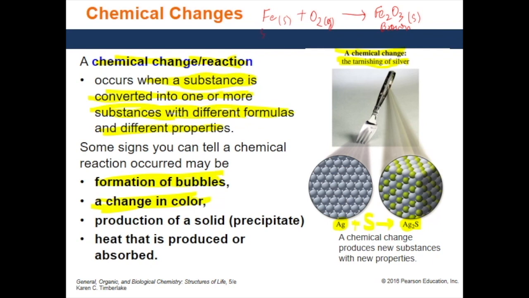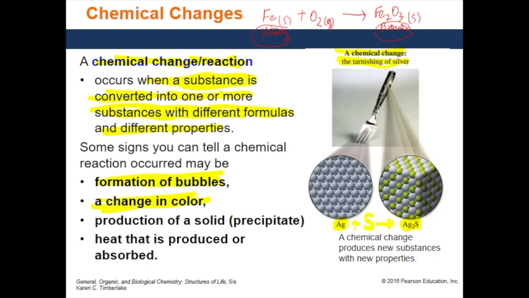So this shiny metal is converting into something brown. This is an indication of a chemical change. The properties of the substance look completely different. Initially it was shiny, and now it looks brown in color. This is telling you that the identity of the compound has changed. It is no longer iron and oxygen, it has turned into iron oxide. So this is an example of a chemical reaction as well.